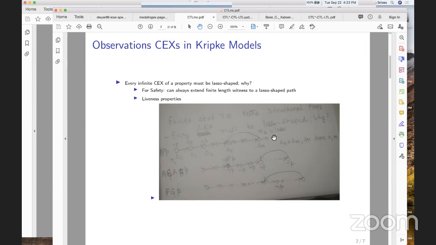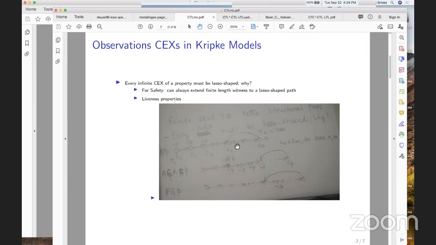So from the original infinite path counterexample, you can always construct this lasso-shaped path. I'm sorry, the feedback has to go here, not to n, but to the next one following Sn. So then you've constructed it.